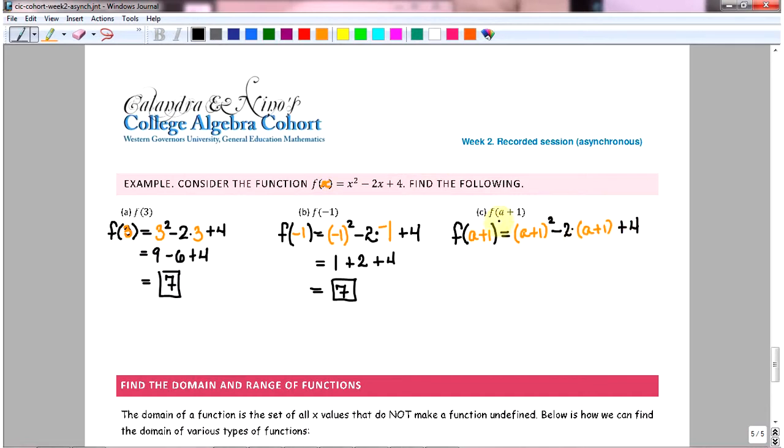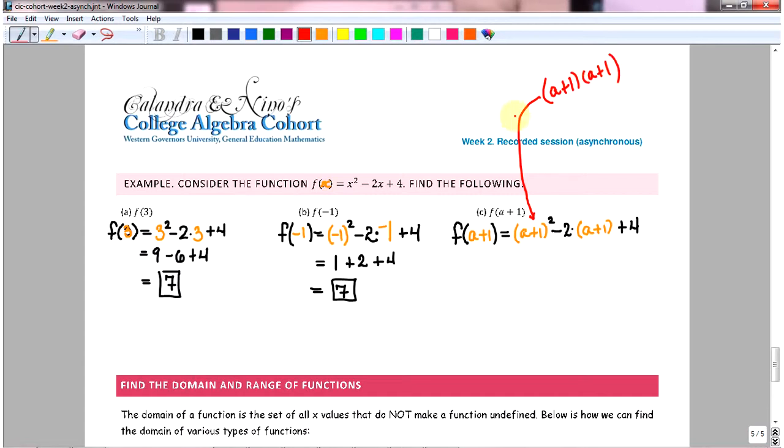All right, so we've done the evaluating the function part. Now we just need to apply our rules to simplify this. So if we look at the (a + 1) quantity squared, make sure that you don't say that that's equal to a squared plus 1. Remember that when you square something, it means you're multiplying it by itself. So that means we have (a + 1) times (a + 1).